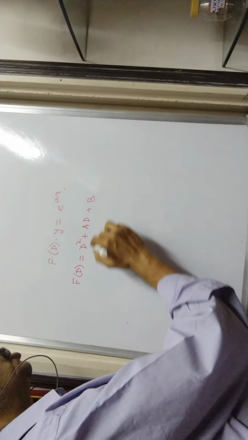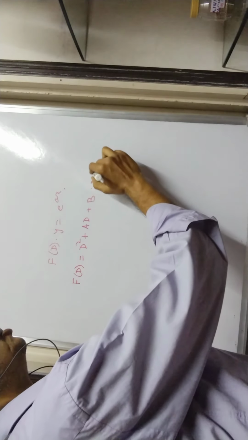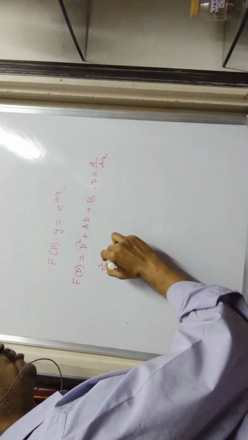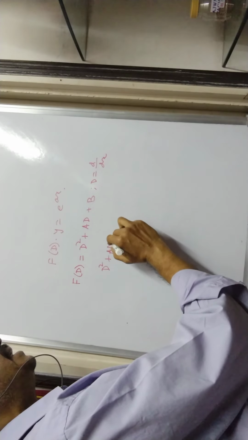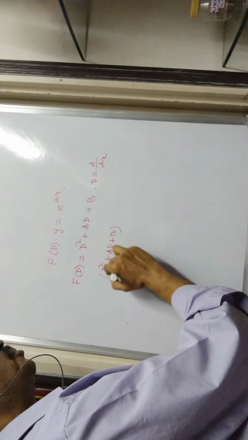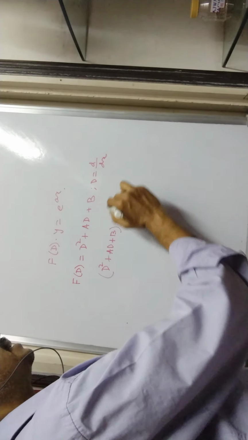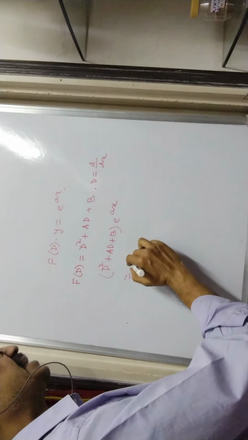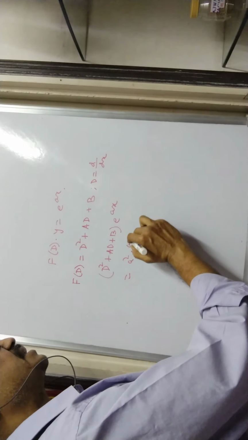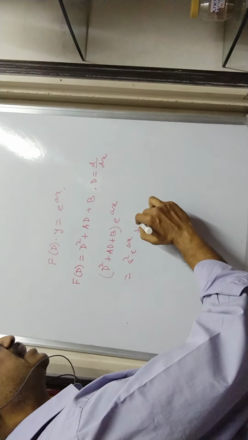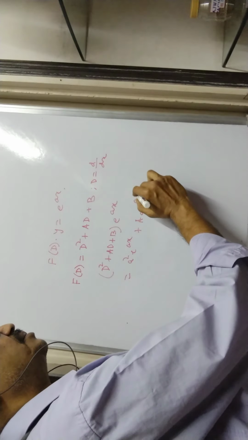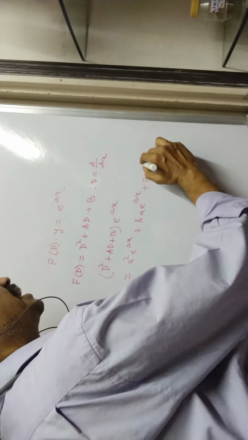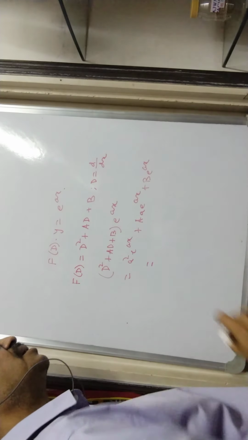Now, what is D? We know that D is d/dx. So what is D square plus aD plus b operated on e to the power ax? Obviously, if we take two derivatives of e to the power ax, it becomes a square e to the power ax. And if we take a single derivative of e to the power ax, it becomes a e to the power ax. And this is b times e to the power ax. Isn't it so?